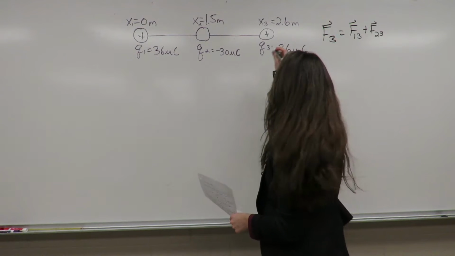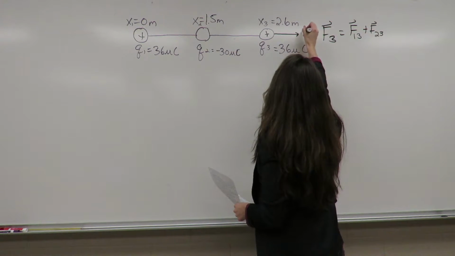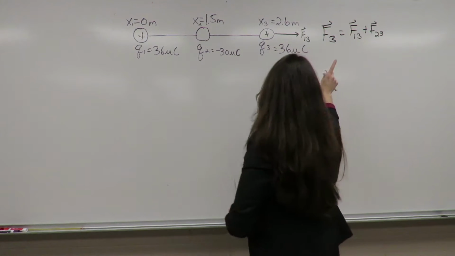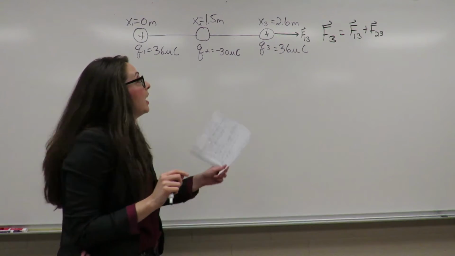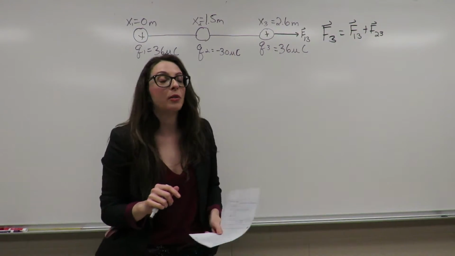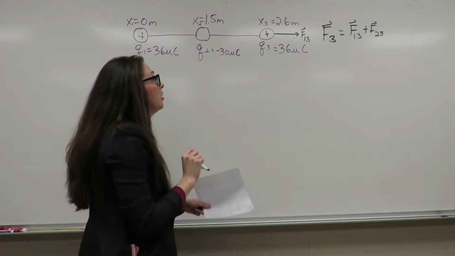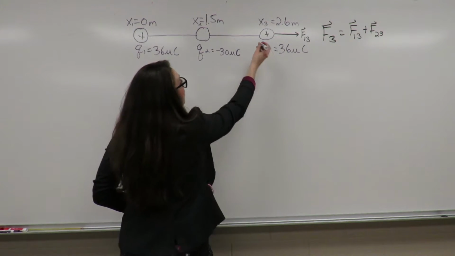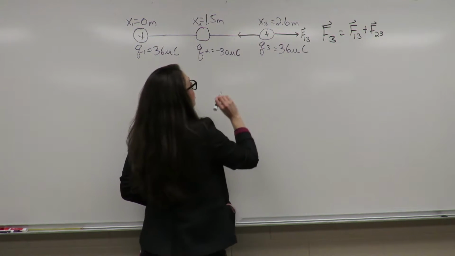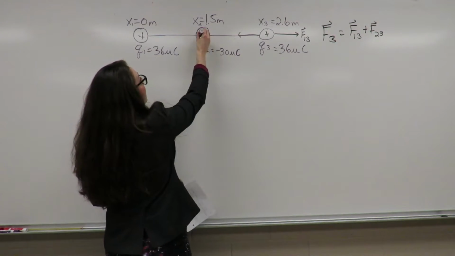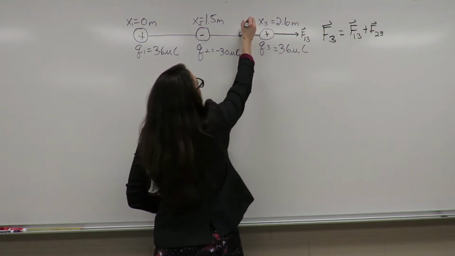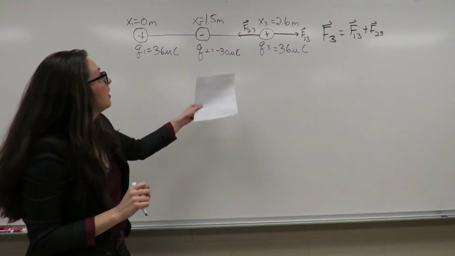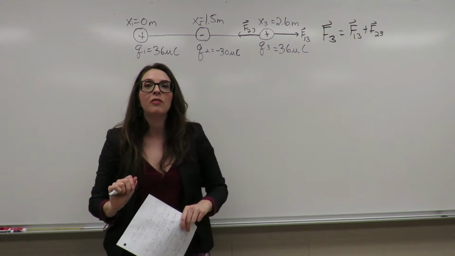So F sub 1,3 is going to be pointing off here along the positive x direction. Then if I think about F2,3, the force that charge 2 exerts on charge 3: charge 2 is negative and charge 3 is positive, so those are attractive forces. The force that charge 2 exerts on charge 3 is going to be pointing toward our negative charge 2, so it's pointing in the negative x direction, negative F2,3.